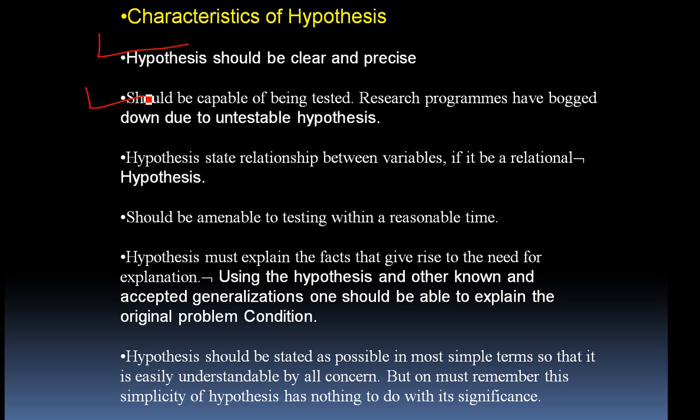Research programs have bogged down due to unclear hypotheses. A hypothesis states the relationship between variables if it is a relational hypothesis. It should be limited in scope and must be specific. Narrower hypotheses are generally more testable, and researchers should develop such hypotheses. It should be amenable to testing within a reasonable time.